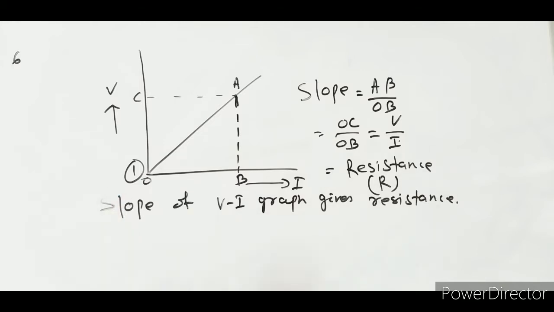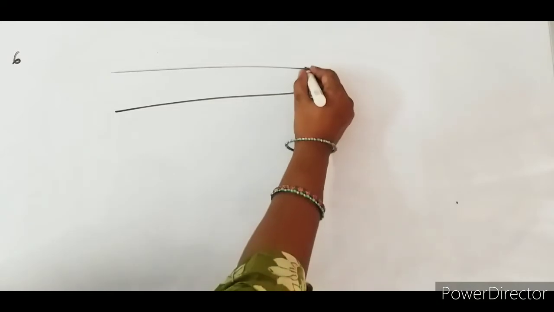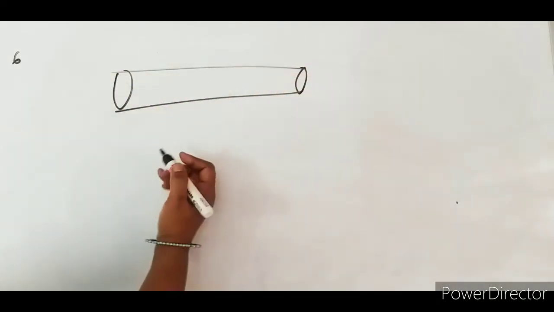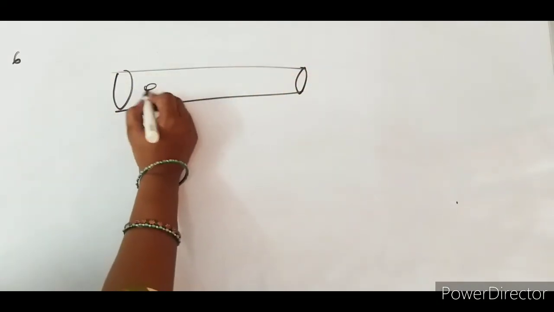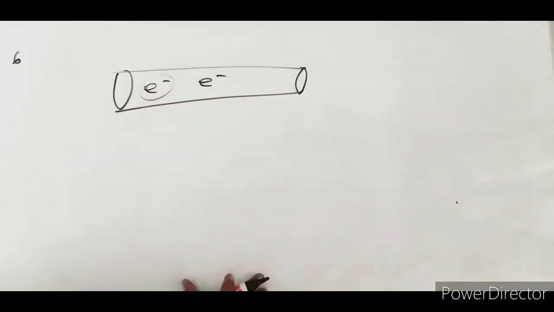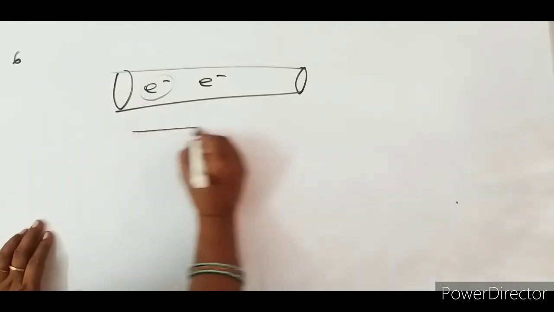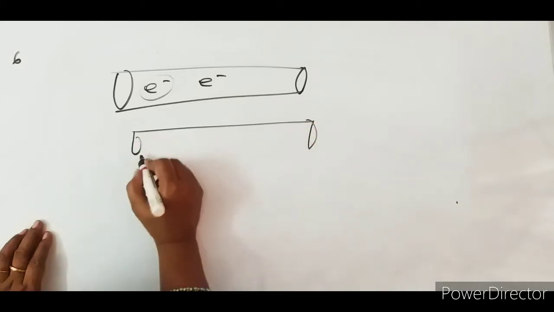Now let me talk about resistance. Resistance is nothing but the obstruction offered by a substance. When current flows, let this be a wire through which current flows, these electrons flow. Let me take a copper wire.